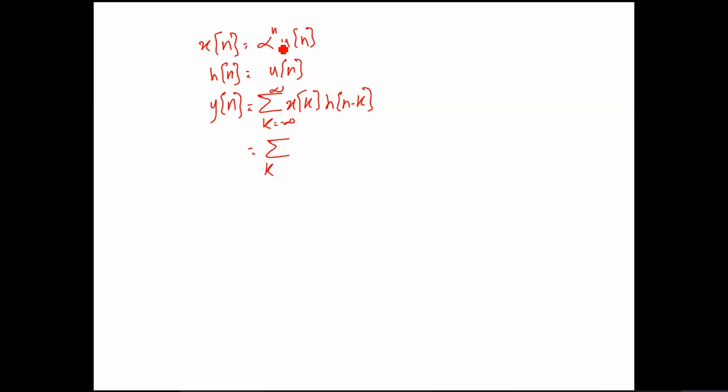Let's put in the values first. x of k is alpha raised to power of k u of k, and h of n minus k would be u of n minus k, because h of n is u of n. So this is your y of n. If you remember, in the slide, y of n is given as the summation k equal to 0 to n alpha raised to power of k. So how do we reach from here to here? Any ideas?